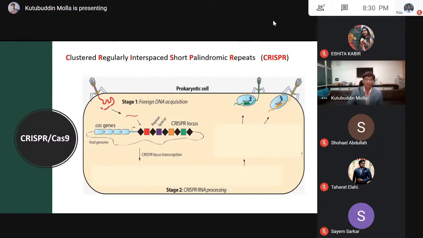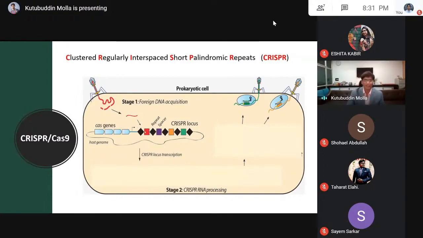Here this virus also inserts its DNA or genetic material into the host cell. Now this host is a bacterium, and this bacterium is very intelligent. It keeps a snippet of this viral DNA as its future memory, because it will know from that sequence that this virus has already infected it.